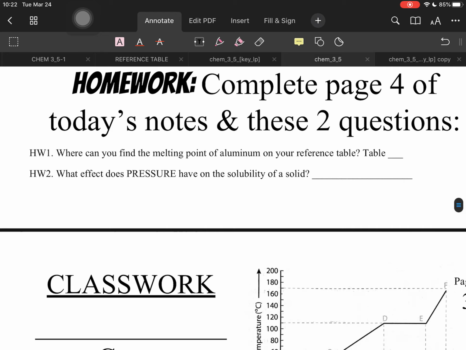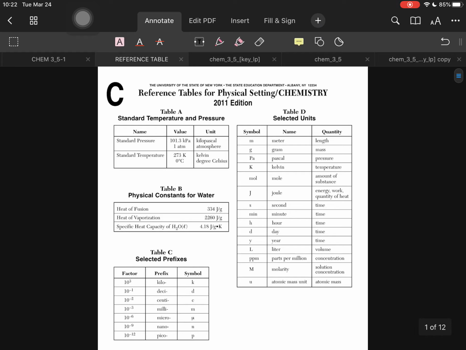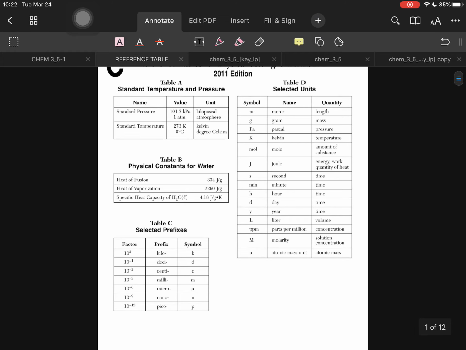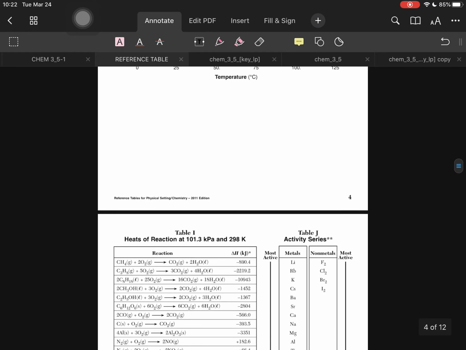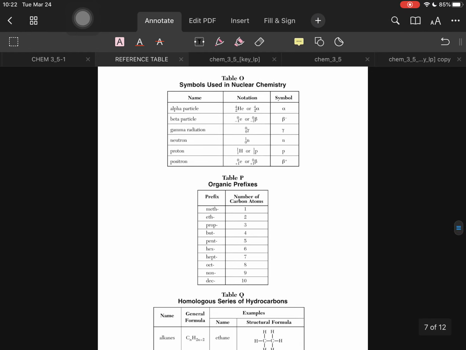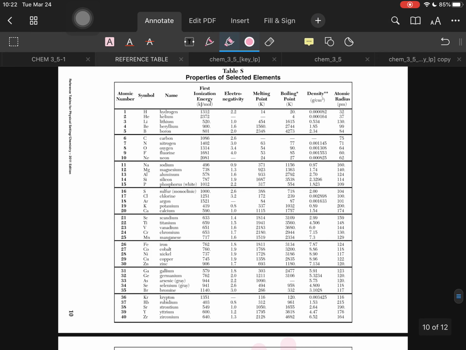So where can you find the melting point of aluminum, or most elements, on your reference table? Well, let's take a look. Our handy dandy reference table. Okay, doesn't seem anything here. There we go. Melting point, boiling point.